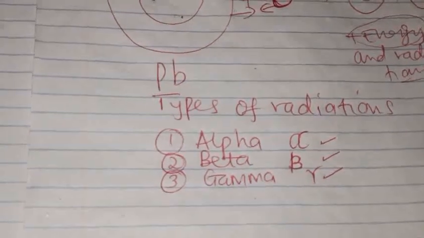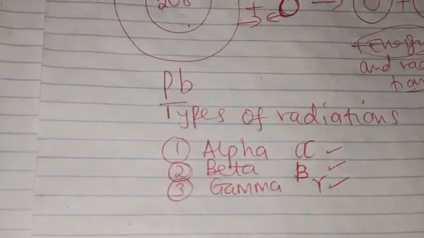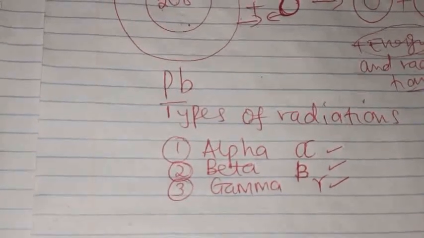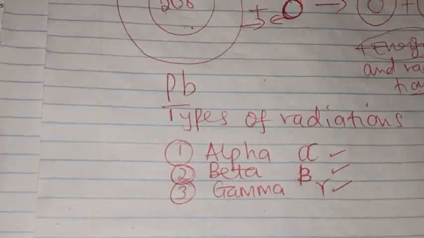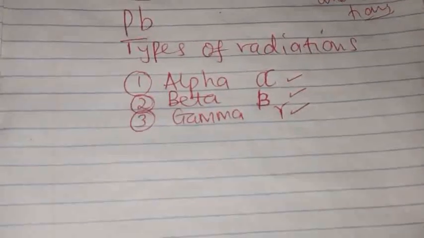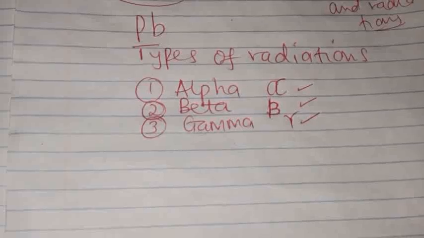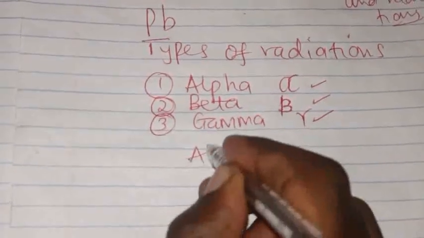Those are the three main types of radiations that are always able to get produced when a radioactive nuclide undergoes disintegration or spontaneous breakdown to form other nuclei with emission of energy. We shall be able to look at some of the features of each and every radiation getting produced in this case. And I'm going to begin with the alpha.